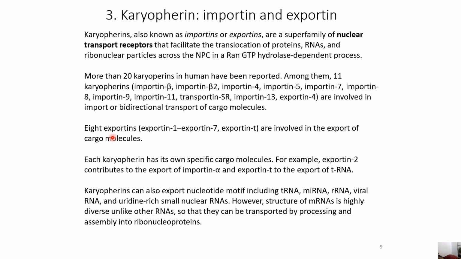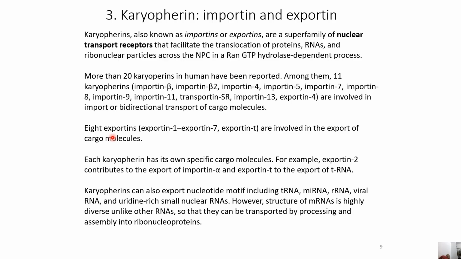So carrier-ferrets, also known as importins or exportins, are a superfamily of nuclear transport receptors that facilitate the translocation of proteins, RNAs, and ribonuclear particles across the NPC in a RAN-GTP hydrolysis dependent process. More than 20 carrier-ferrets in human have been reported.